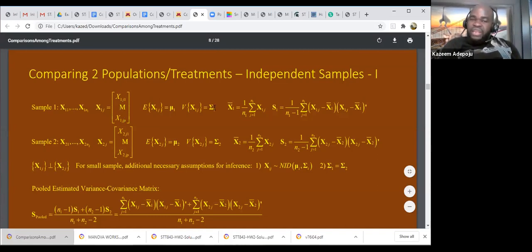We're going to have the variance covariance, and this is what you're going to use to figure out the mean of each variable in this first sample, and to set up your variance covariance matrix for this particular sample of vectors. You're also going to do the same thing right here.